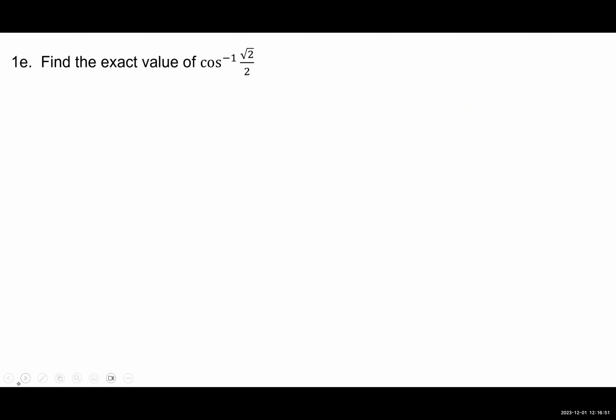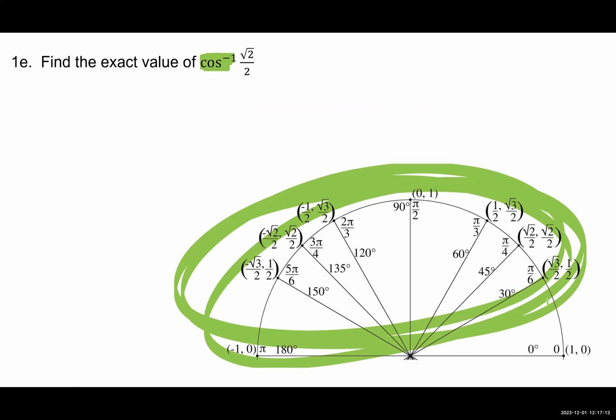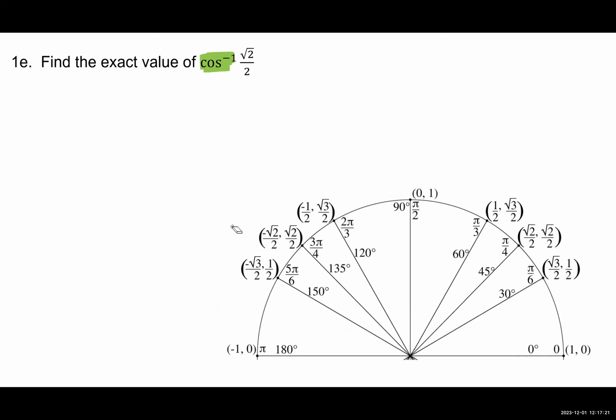Find the exact value of the cosine inverse of √2/2. Well, it's cosine inverse, so we go to the top half of the unit circle, right? This is telling us to use this, top half. Cosine inverse, top half. Sine inverse, right half. Tangent inverse, right half. Right? So we're using the top half of the unit circle. We're looking for a positive √2/2 for the x value.